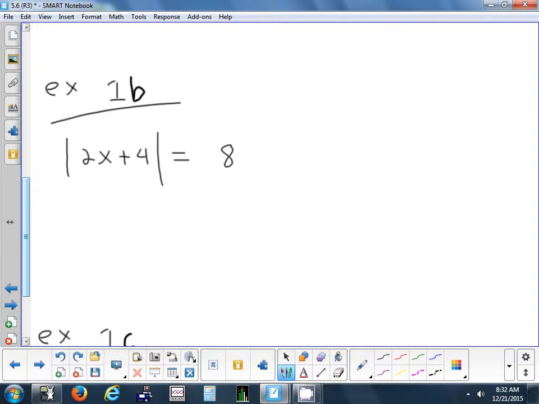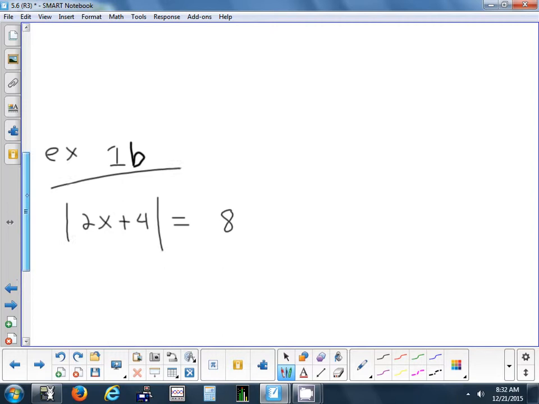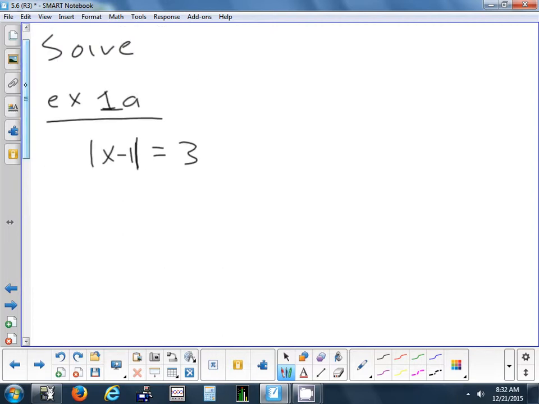Would you just do 2x plus 4 equals 8? That's one problem, yeah. And then put or, and then you just change the 8 to a negative 8. Yep. Oh, so you don't do anything to what's inside. Yeah. All right, so we'll do that one next, but let's do 1A first.